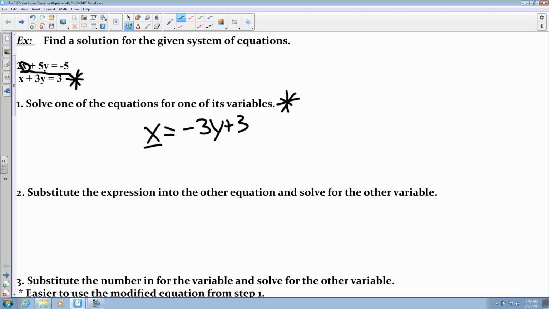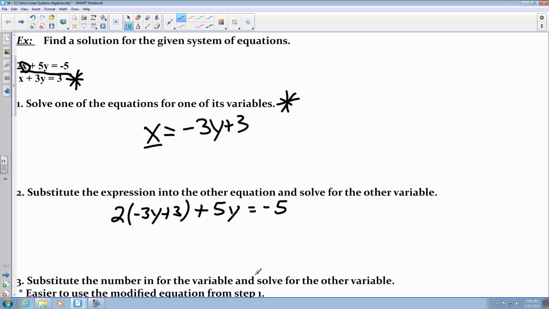So I'm going to substitute -3y plus 3 in for x, and then I'm going to solve for y. So I got 2, and then where I see x, I'm going to plug in -3y plus 3, because that also equals x, plus 5y equals -5.